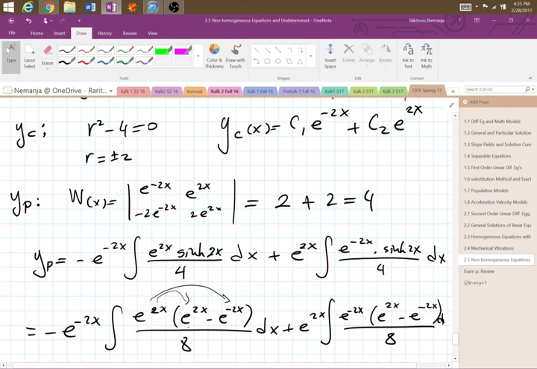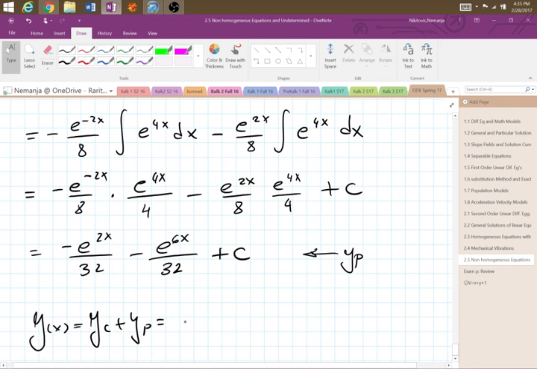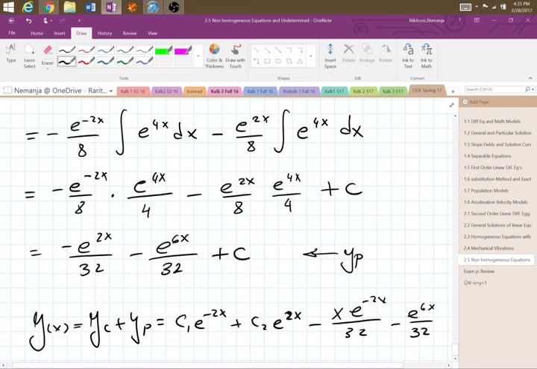C1 e to the negative 2x plus C2 e to the 2x. And now here's the issue, we have a repeat here. So minus x e to the 2x over 32, minus, and this one is not a repeat of anything, so we just have it as is.